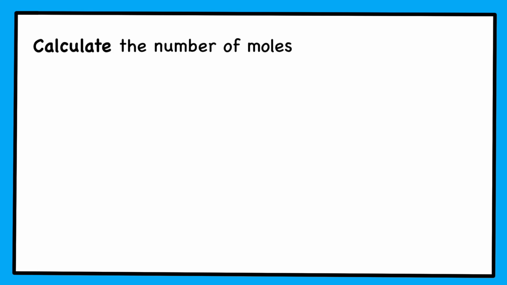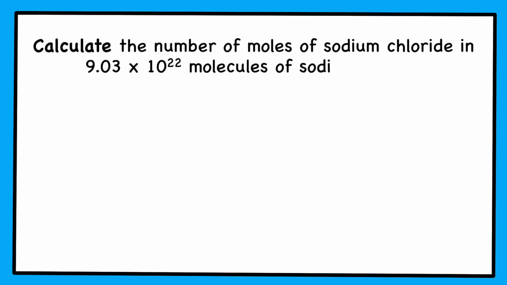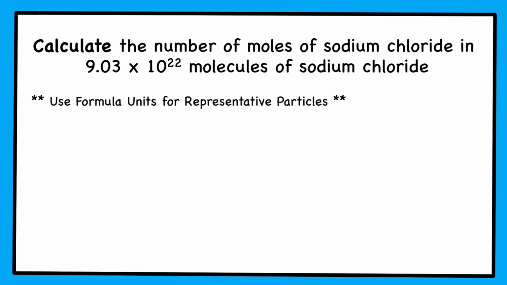Okay, one last practice problem for today. Calculate how many moles are present within 9.03 times 10 to the 22nd representative particles of sodium chloride. Well, sodium chloride is an ionic compound, so our representative particles are going to be formula units. So I'm going to write what is given over 1. So 9.03 times 10 to the 22nd formula units of sodium chloride over 1.